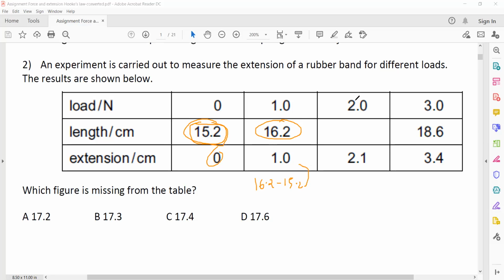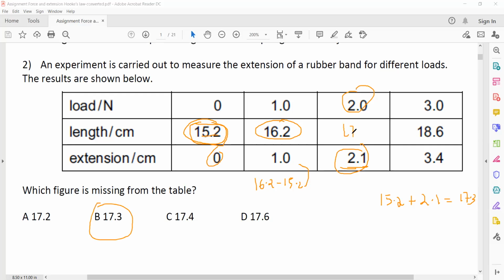Then if we attach a load of 2 Newton, the extension or increase in length is 2.1. So what is the length now? Original length was 15.2, and it is extended by 2.1, so the total length is 15.2 plus 2.1, which equals 17.3.